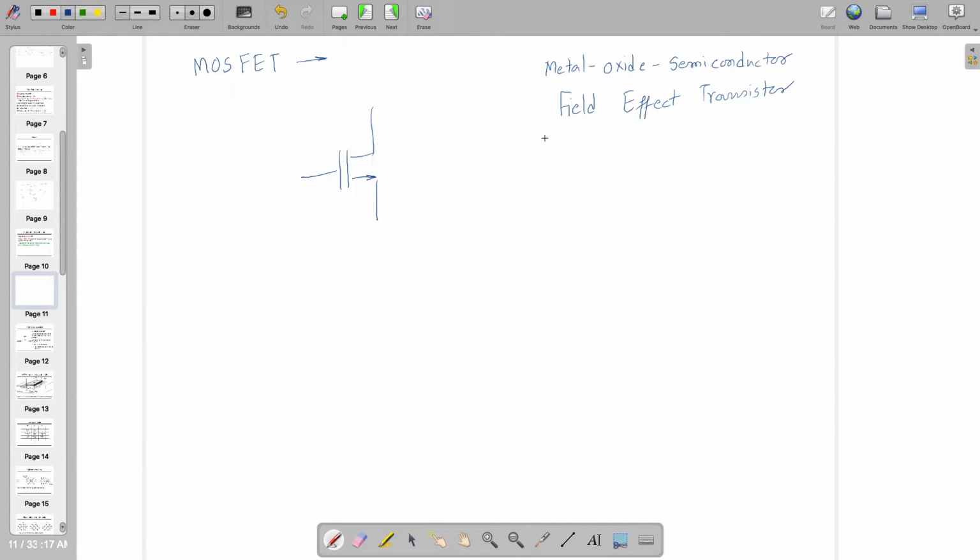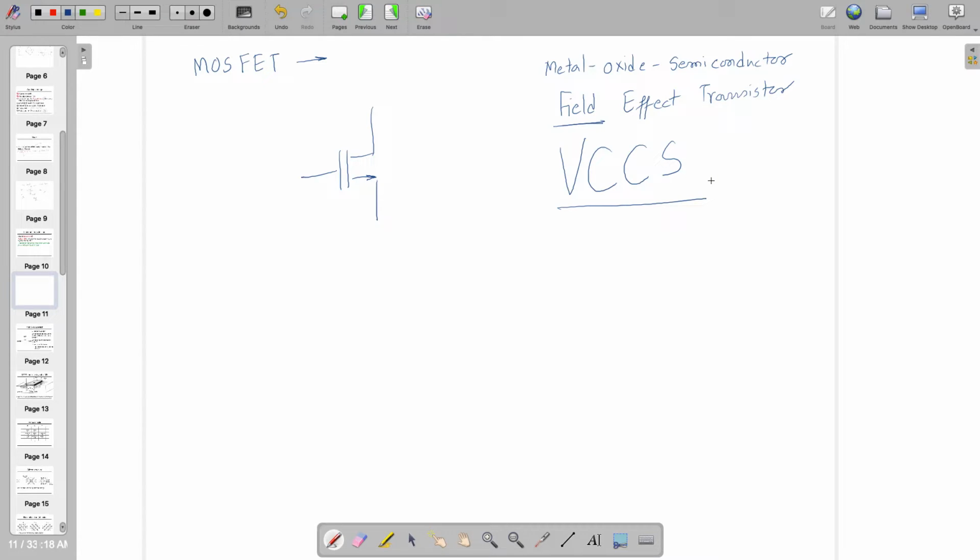It does not work with current, like the case in BJT, where, if you remember, it works with the base current IB, and we used to follow equations like IE equal to IC plus IB. In this case, it is not a current controlled device but a voltage controlled device, and it is a VCCS. You remember what is VCCS, and which particular device is categorized as a voltage controlled current source?